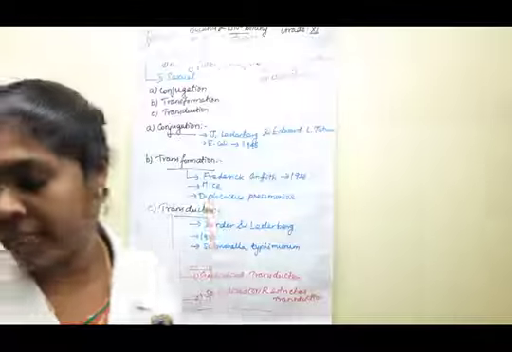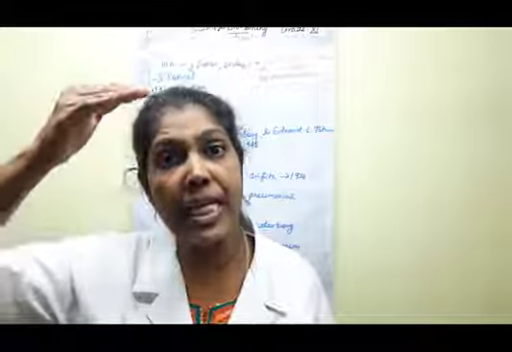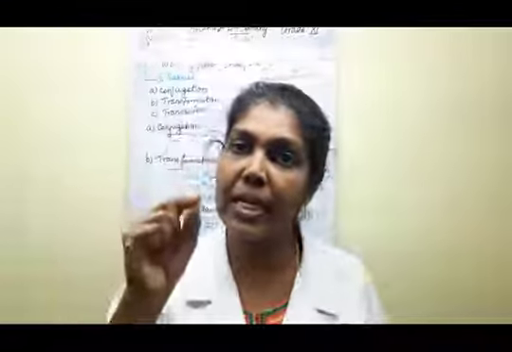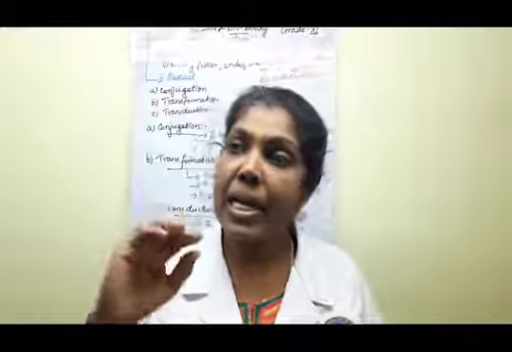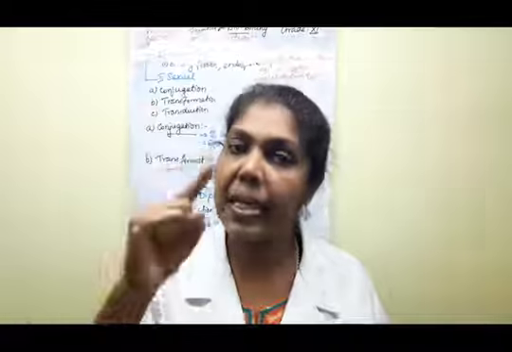Understood, children? Yes. Last class I told you, when we learned the ultrastructure of the bacterial cell, we learned about pili. Additionally, one special type of pilus is there, and its name is the sex pilus.